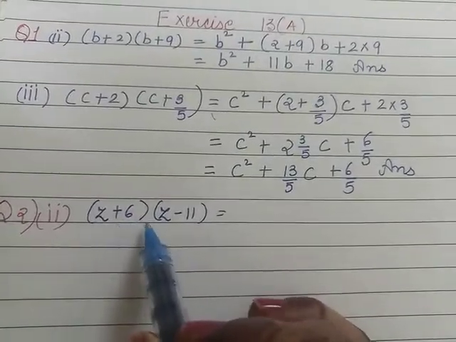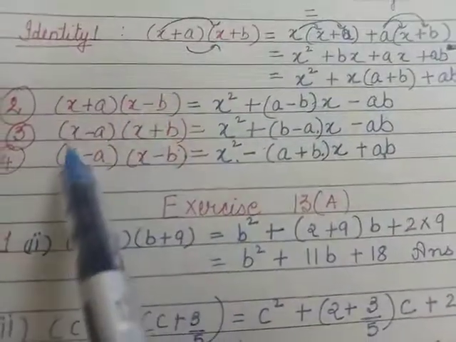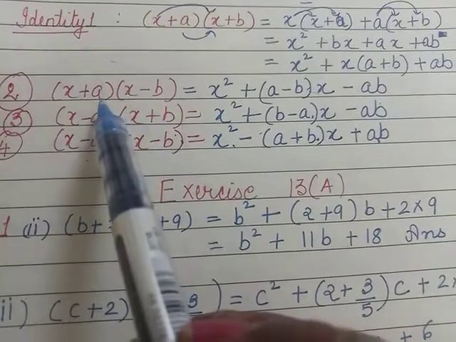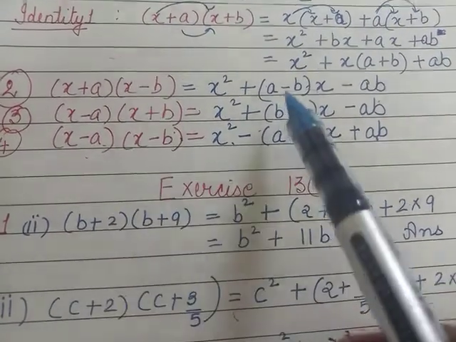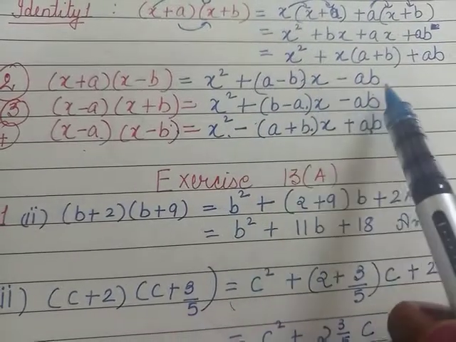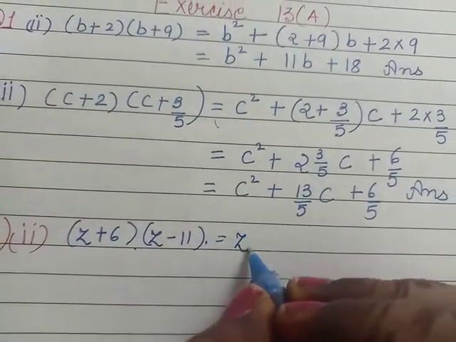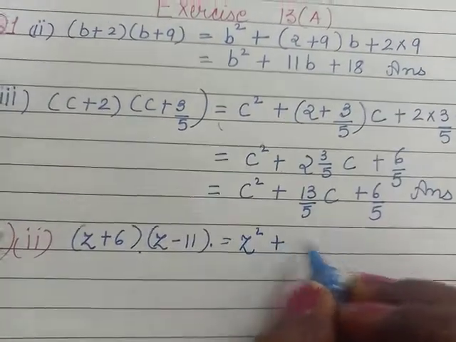It is z plus 6 and z minus 11. So for that we apply the second identity. The first element is positive and another is negative. So how do we write? X square, a minus b into x, and minus ab. So what are we going to write here? Z into z will give you z square, plus sign here.